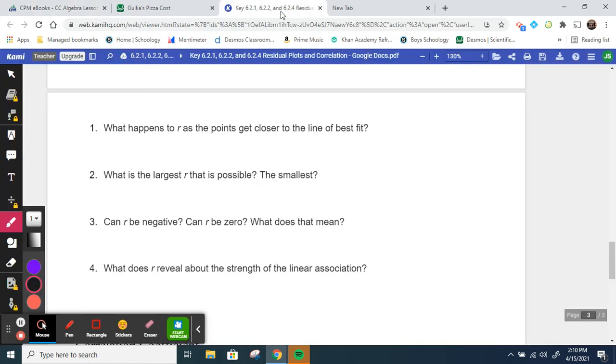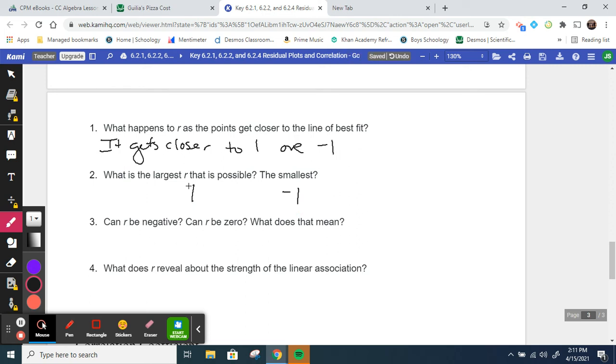So coming back here, what happens to R as the points get closer to the line of best fit? The R value gets closer to 1, or if I have a negative slope, -1. What's the largest R value? 1. The smallest, we got really close to -1.